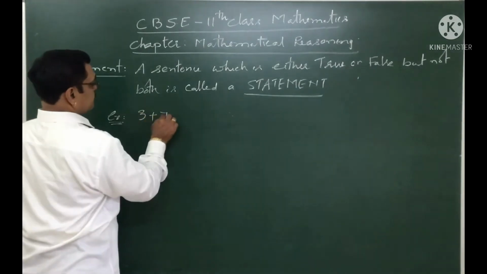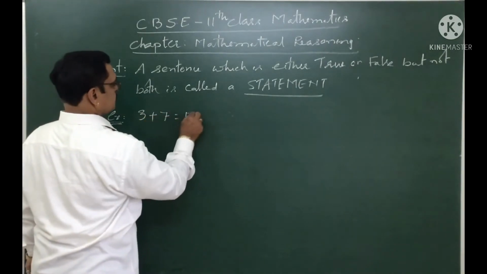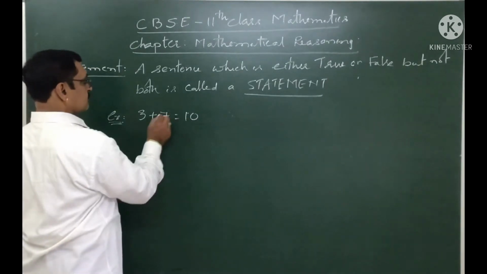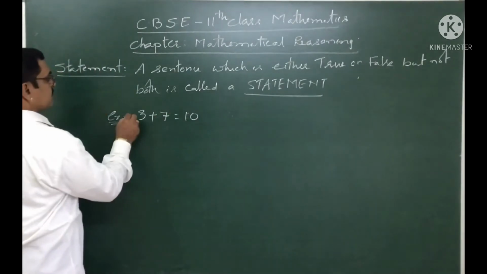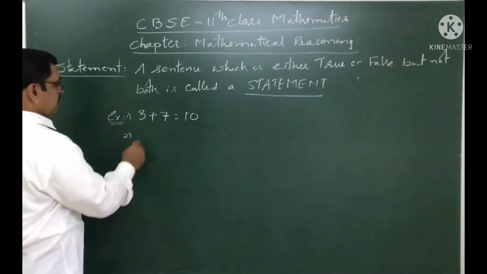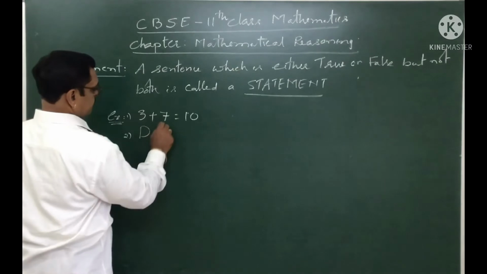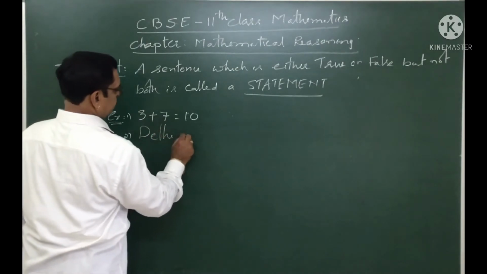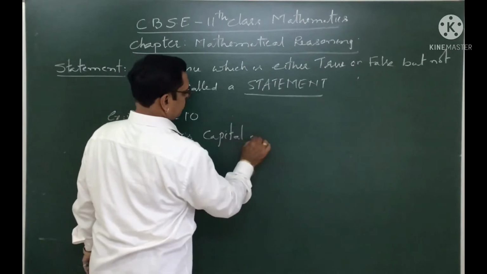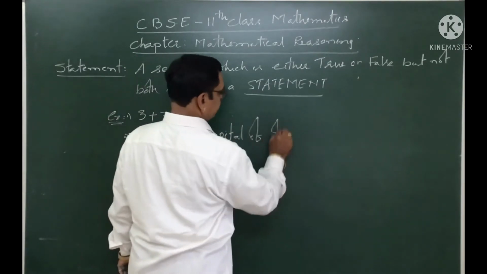Example: 3 plus 7 is equal to 10. A statement. And the second example: Delhi is the capital of India.